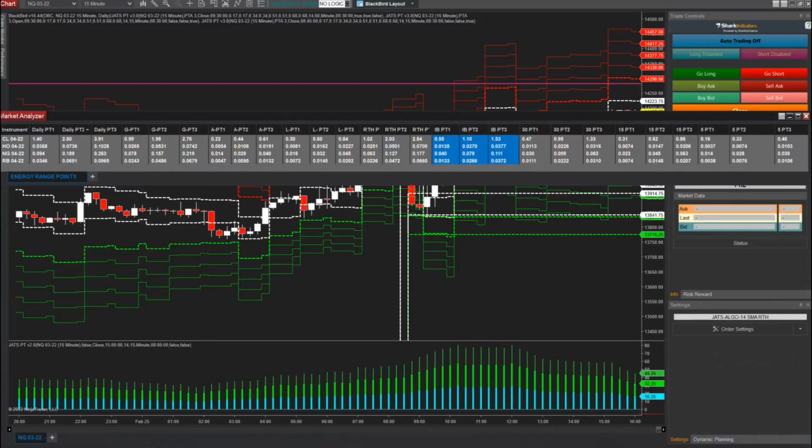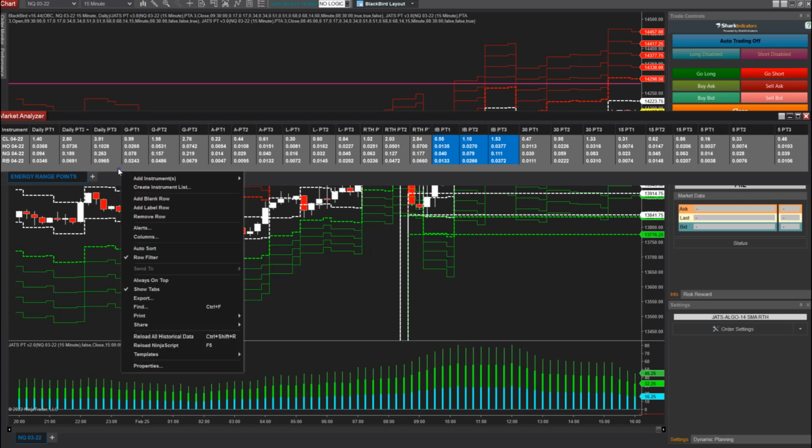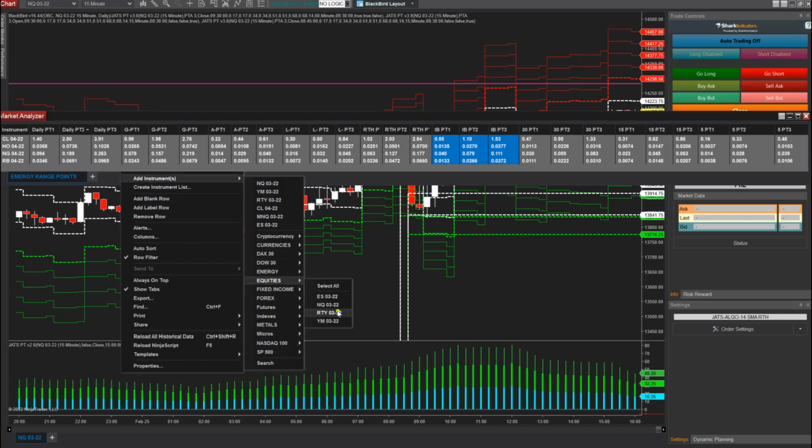Just realize that we can put this on any market. So crypto, forex, energy, fixed income, equities, metals. You can always have a different market analyzer set up per asset class and then throw your asset class instruments in there that are already defined.